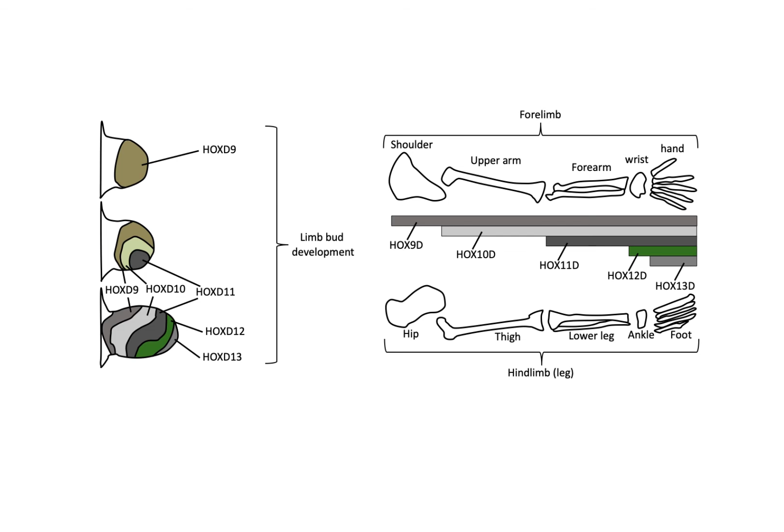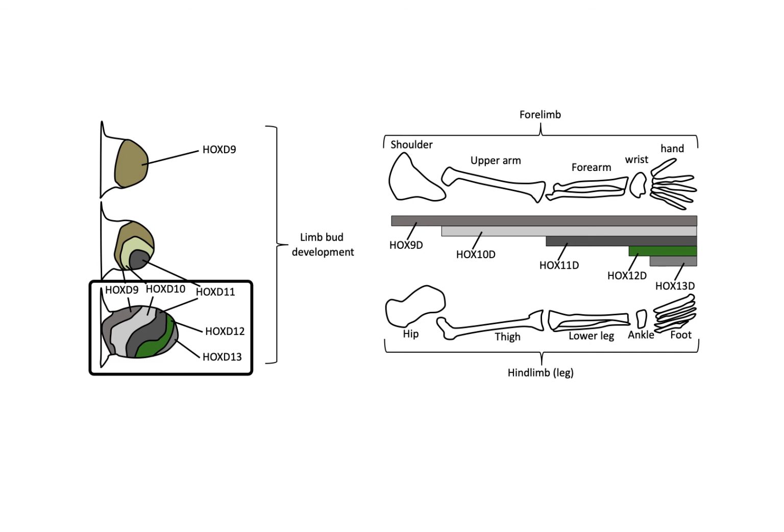It would be the same as in a human, but you have Hox D9 turning on in the limb bud, and then Hox 9, 10, 11 turning on a little later. And then as the limb bud begins to grow, then it's Hox 9 here, 10, 11, 12, and 13 turning on there.